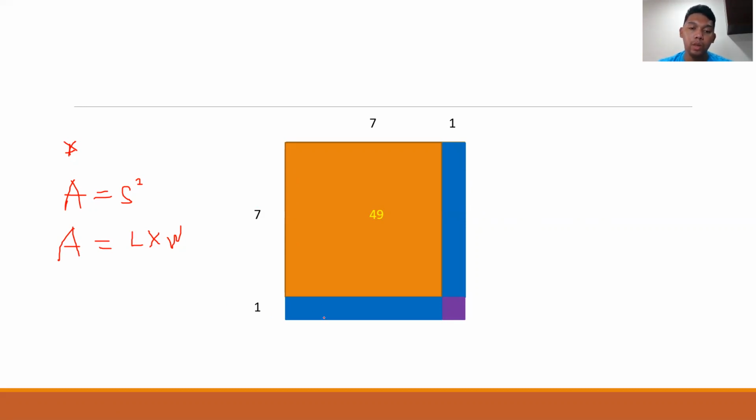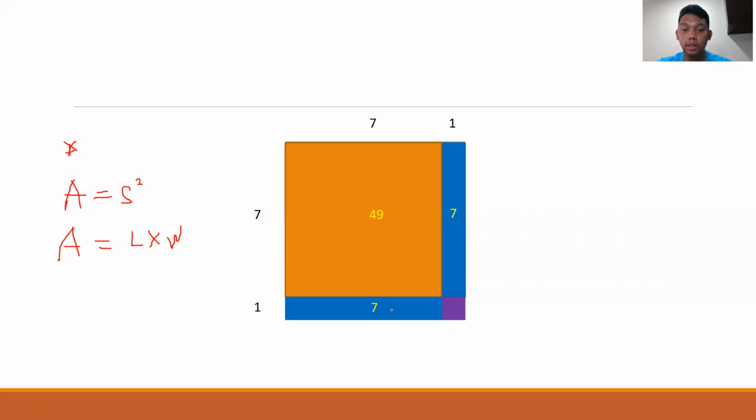And how about the other blue rectangle? Basically that's 1. What do you think is the width here? It's also 7, right? So if you find the area, 1 times 7 is 7, and this one is also 7.